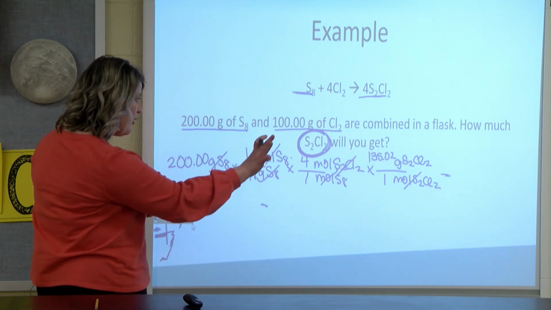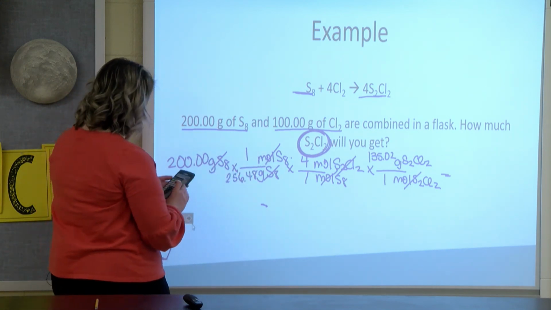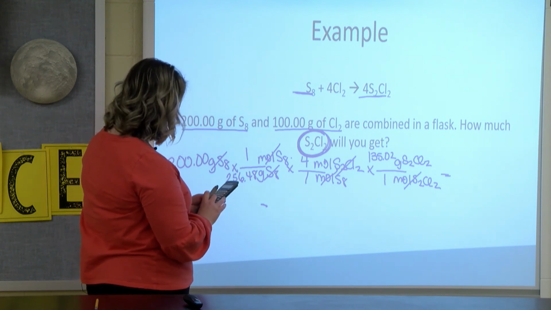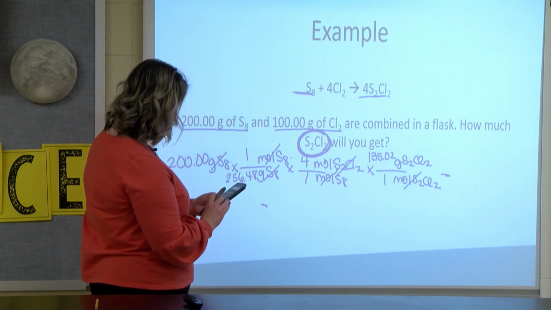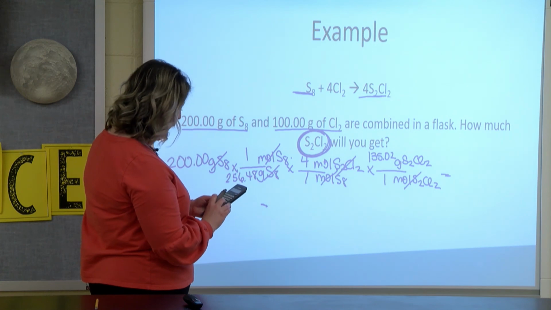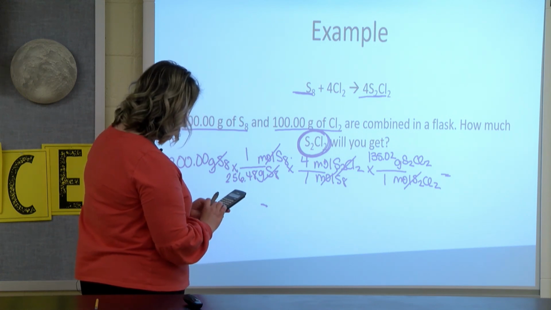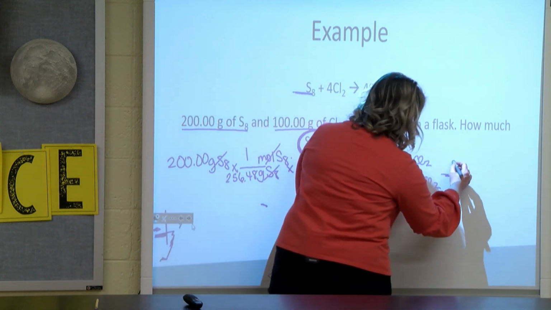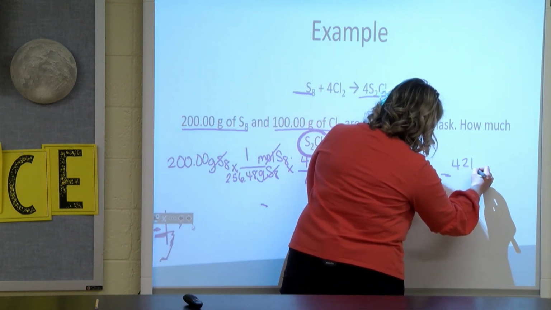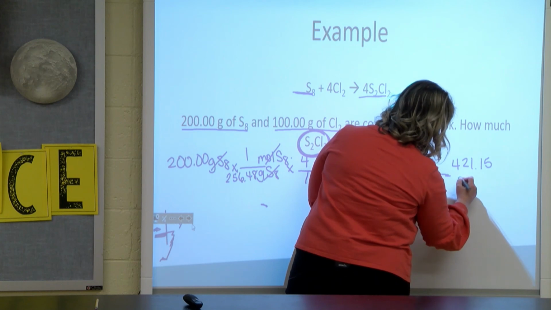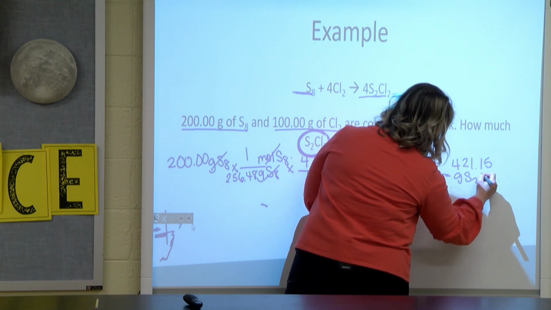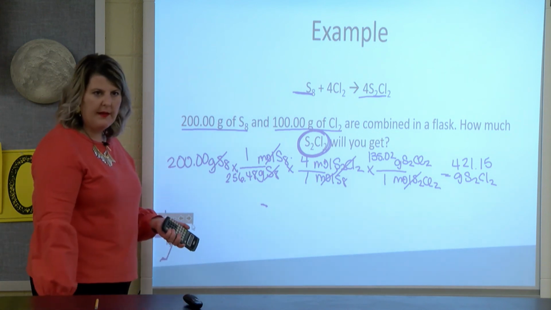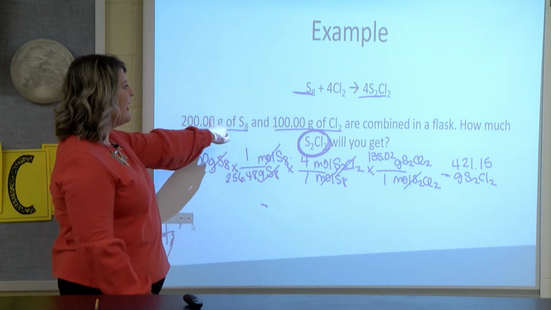So I'm going to multiply across the top, divide across the bottom, so that's going to give me 200 divided by 256.48 times 4 times 135.02, and that gives me 421.15 grams of S2Cl2.